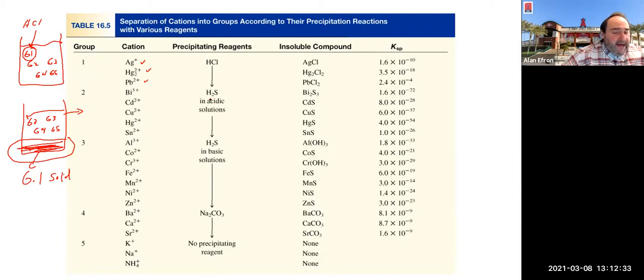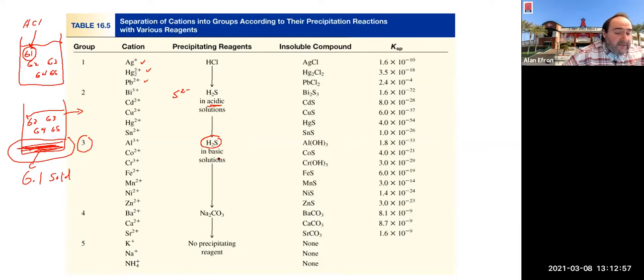Hydrogen sulfide gas there is a precipitating reagent. It's a source of sulfide. But as we were talking about, what makes this important is acidic conditions. That pH, which affects solubility, is really important when we're trying to separate out group 2 from group 3. As you can see, it's the exact same precipitating reagent.